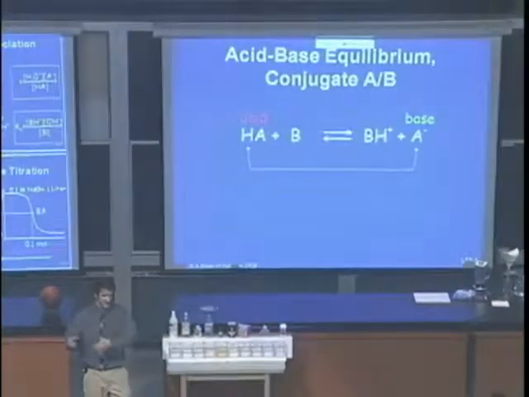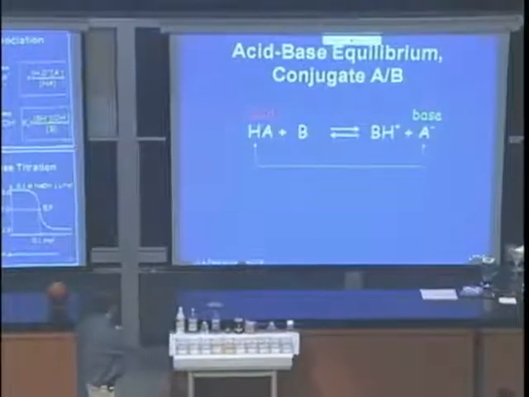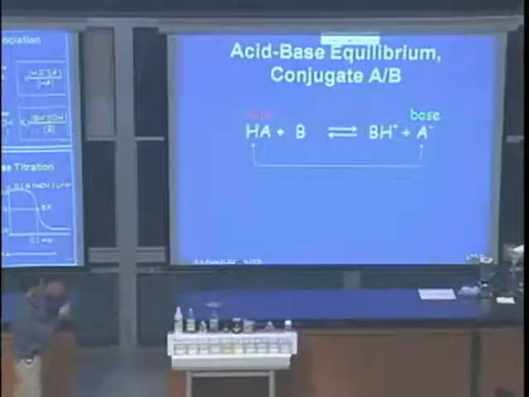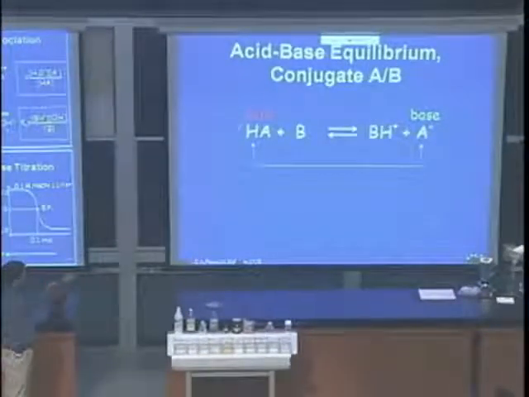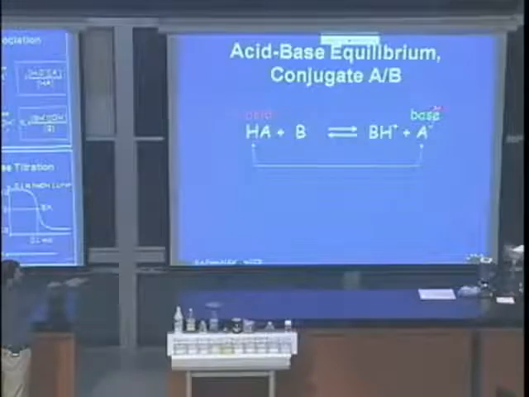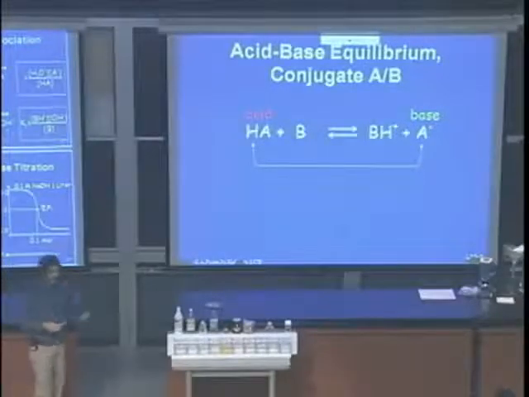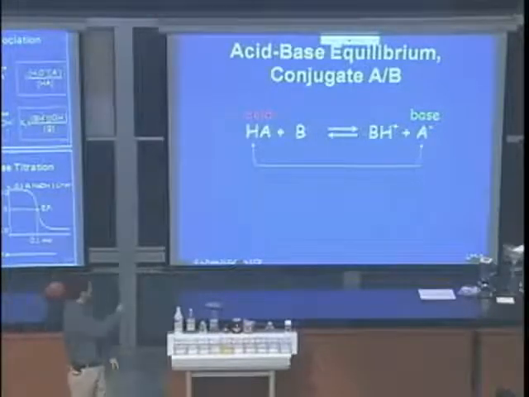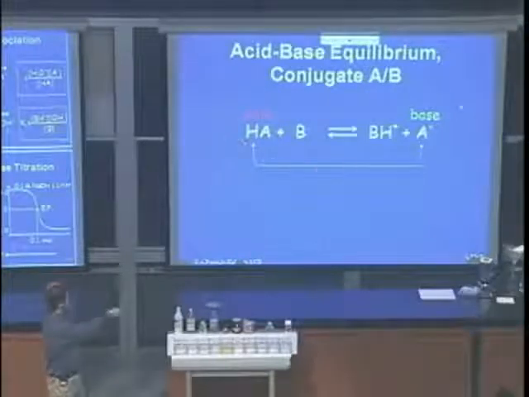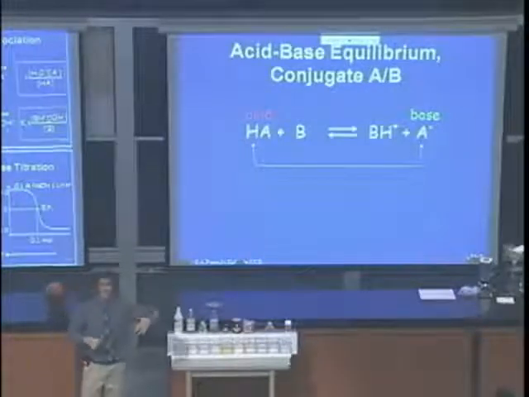If we do the forward reaction here, I've got my acid with the proton, and it gives up that proton. If we go in the reverse direction, then this A- can pick up a proton to reform the acid. And if it takes on the proton, by the Brønsted-Lowry definition, that makes it a base. So we would refer to HA as the acid, and A- as its conjugate base.